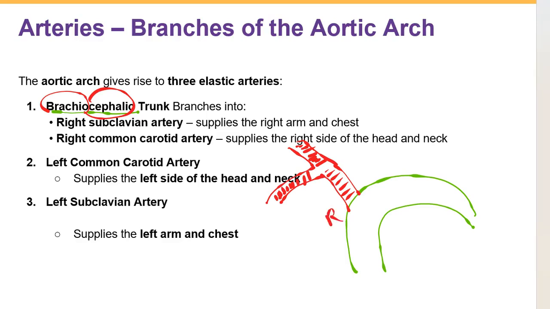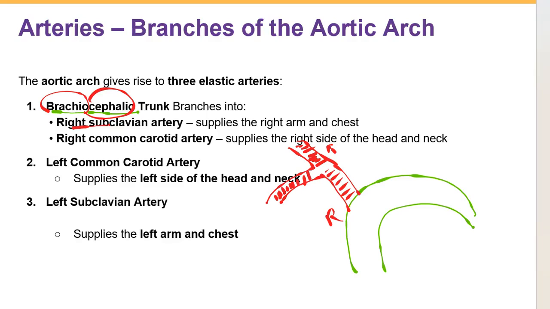The right subclavian artery goes to the arm and supplies the right arm and chest. The second one supplies the right side of the head and neck and is called the right common carotid artery, the artery in the neck region where we can take the pulse.